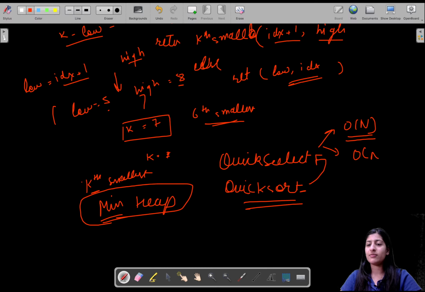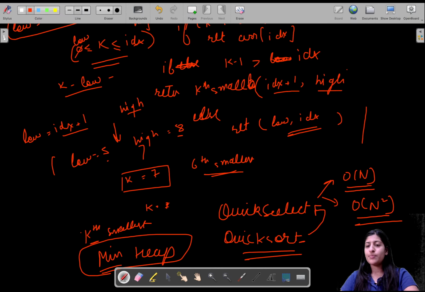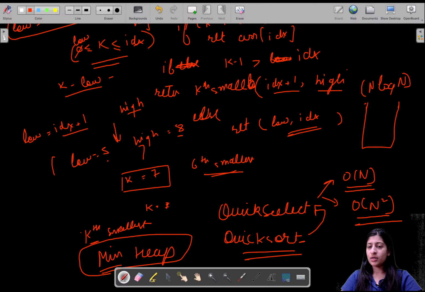In that case the worst case time complexity is O(n) square. And since we are making recursive calls, if we consider that stack space, the space complexity will be O(n) log n. So that is about this problem.